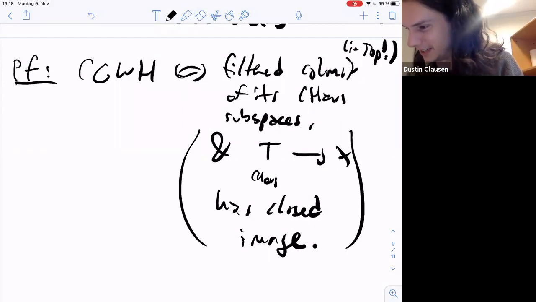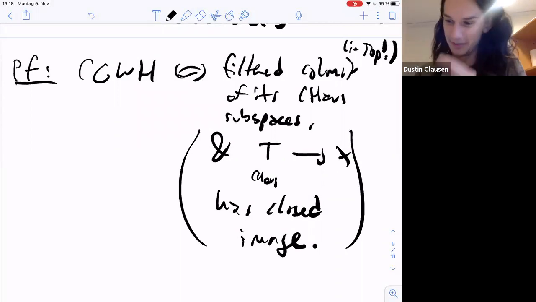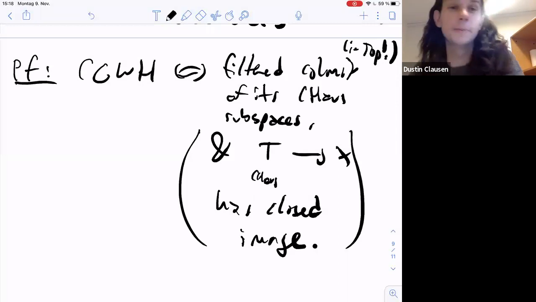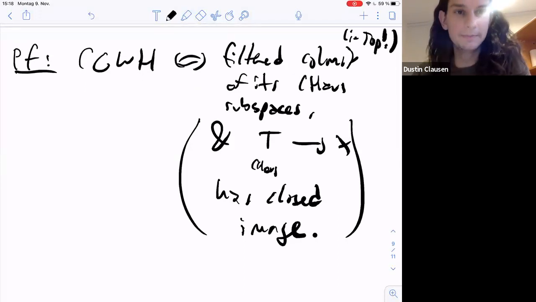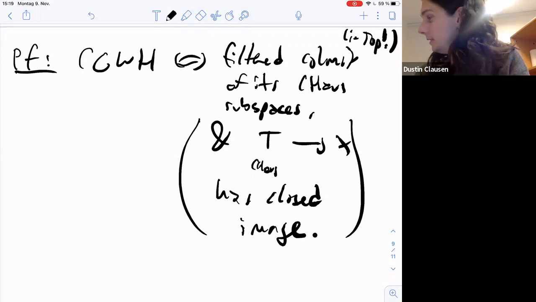Right. I guess the usual definition of compact generator is, well, anyway, it doesn't matter. Oh, is it because I said filtered, you're saying? Maybe. Anyway. I'm just claiming that this functor that takes any quasi-separated condensed set to a topological space, which is somehow taking this filtered colimit in this case, always lands in compactly generated weak Hausdorff spaces.